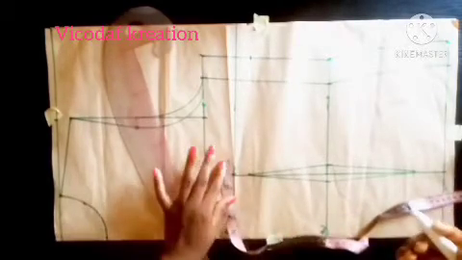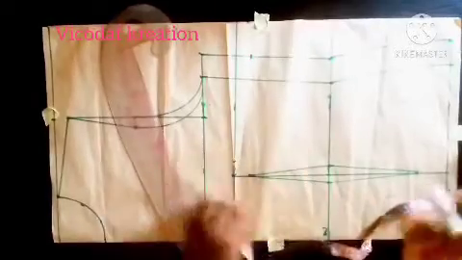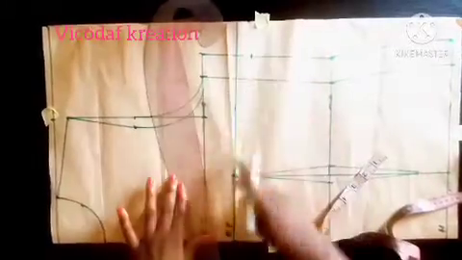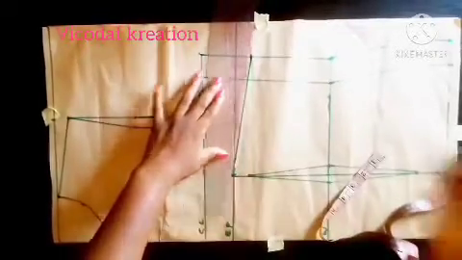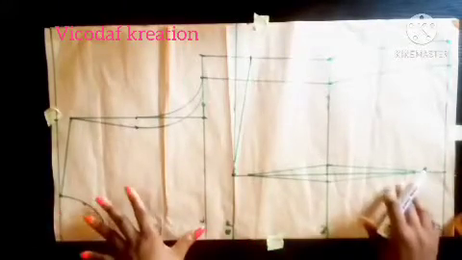So on the dart line, the 4.25, I will measure 1 inch as well. So I'll connect it together. And this is how our front bodice looks like.